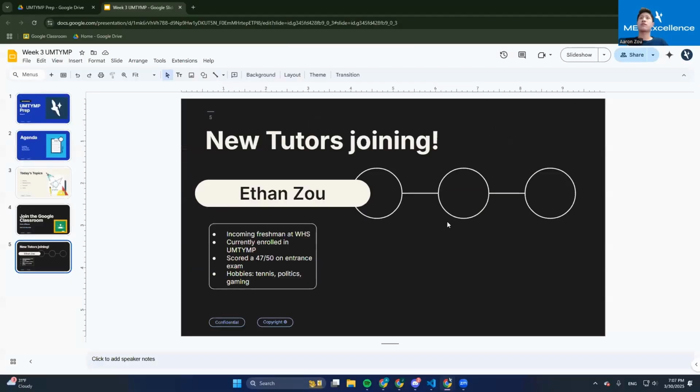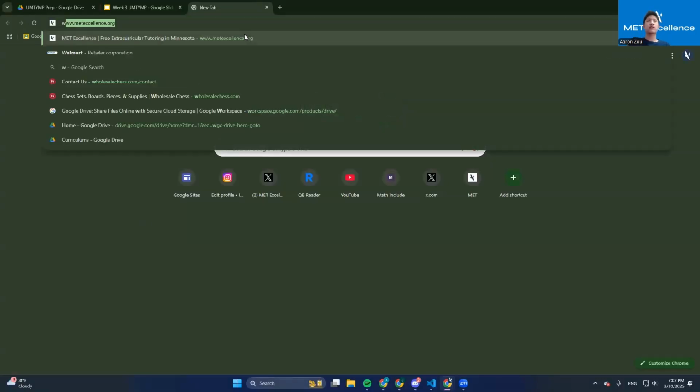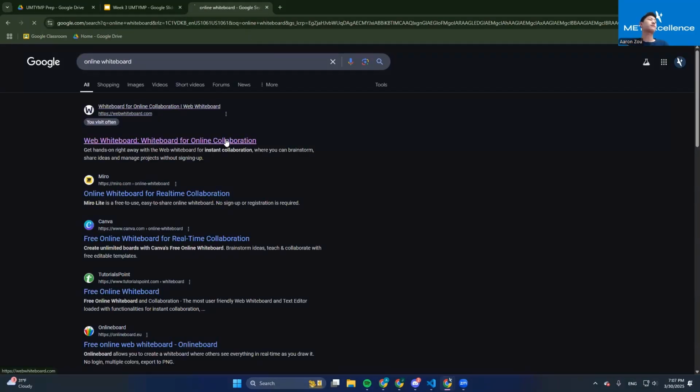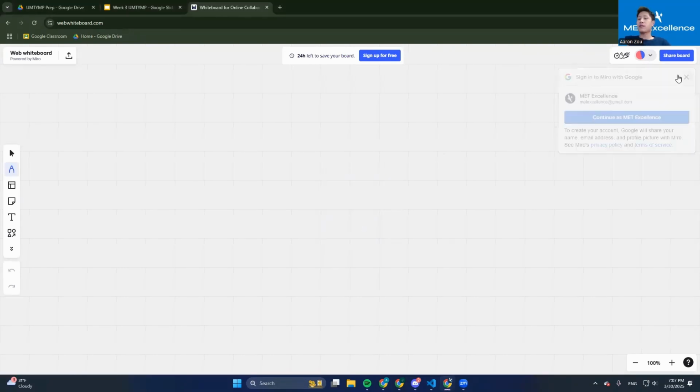I'm going to go ahead and go to an online whiteboard now. The very first thing we're going to learn is area and perimeter.